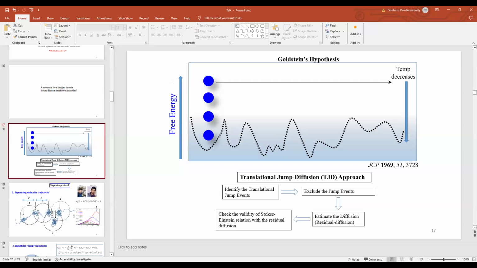Then, through thermal fluctuations, the barrier opens up, and the particles go and sit in a new environment, new surroundings. That is what you can call a jump. And when the temperature is low, the hydrogen bond interactions for water are strong, so the cage is also very strong.